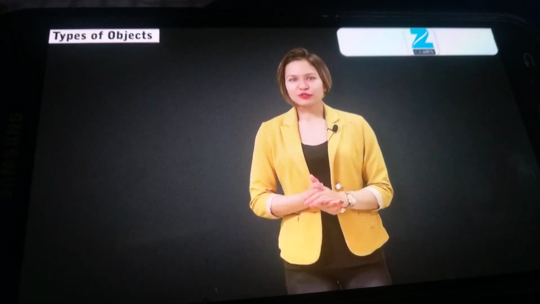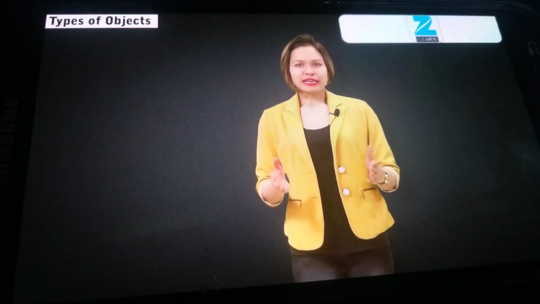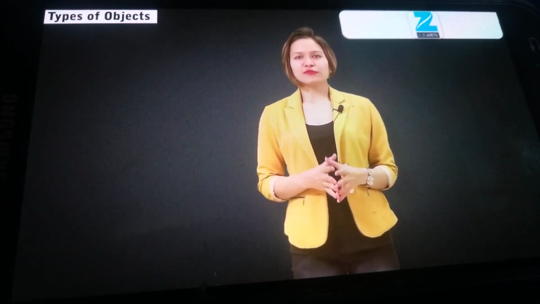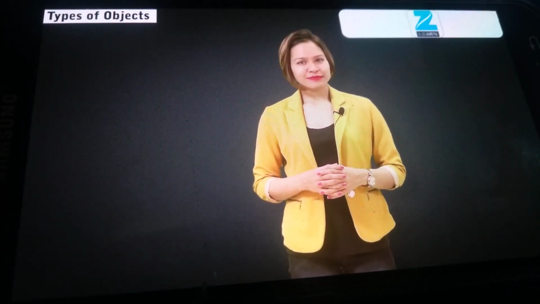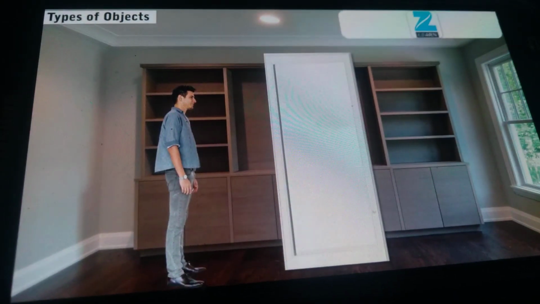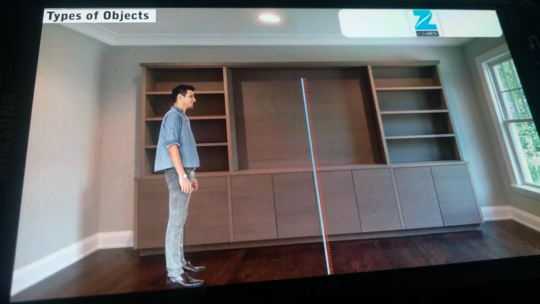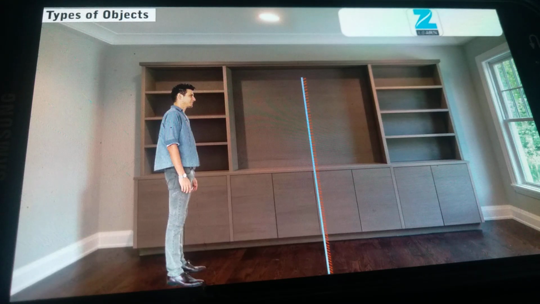Now that you have understood the concept of reflection, can you give some examples of reflection of light from your day-to-day life? Well, when we look into a mirror, then we see an image of ourselves behind the mirror.